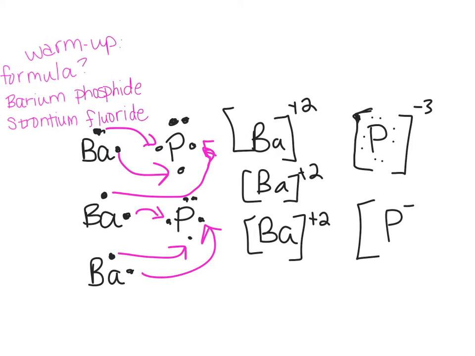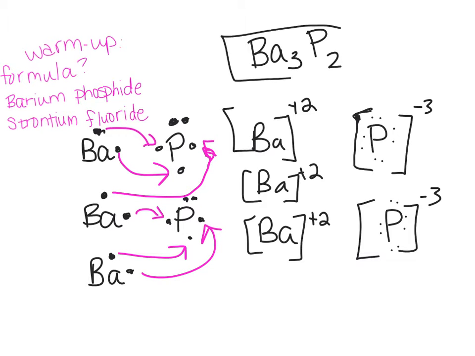And this phosphorus, it's a -3 with 8 dots. Okay? So once we have that, now we can actually get our final formula, and that final formula we get from counting up. So how many bariums did I have? 3. So I had Ba3. How many phosphorus did I have? 2. And that is the chemical formula for barium phosphide, Ba3P2.